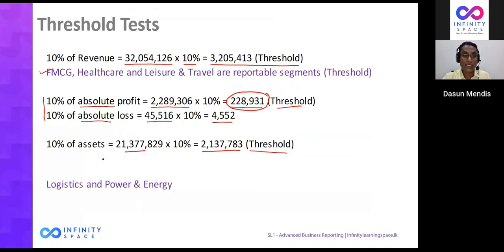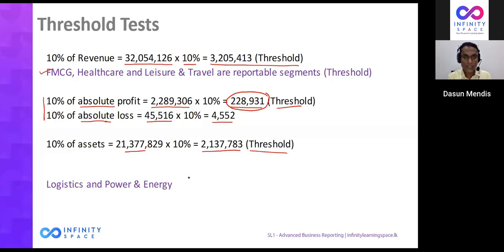But logistics and power and energy has not become reportable under any of the threshold tests individually. Now the entity can make a decision actually what to do with the logistics and the power and energy. If the entity wants, you can club these two together, logistics and the power and energy together, and you call that as other segment. No need to separately present logistics and the power and energy.